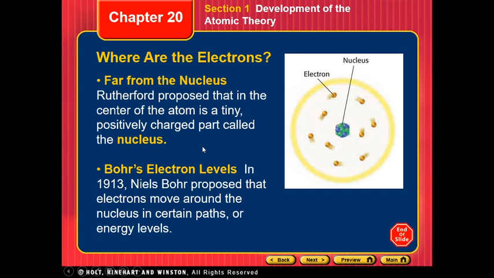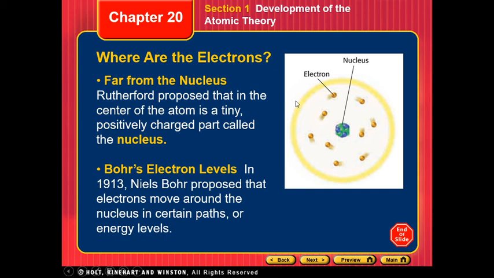So another scientist named Niels Bohr proposed that the electrons, remember, Rutherford also said that the negatively charged particles or the electrons are spread throughout the atom. But Niels Bohr proposed that the electrons move around a nucleus in certain paths or energy levels.